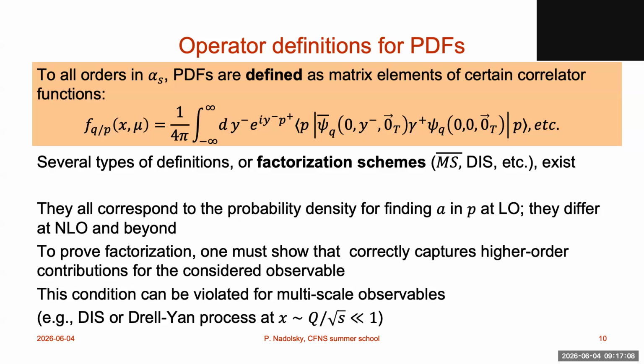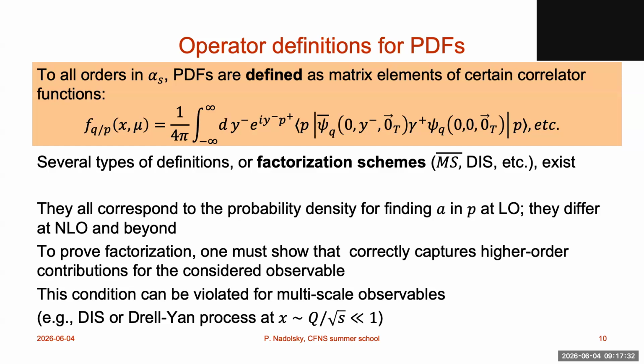Now, all of these definitions work in such a way that the PDF is literally equal to the number density or the probability density for finding a parton a inside the proton at the leading order. But beyond the leading order, they do not have to be probability densities, right?